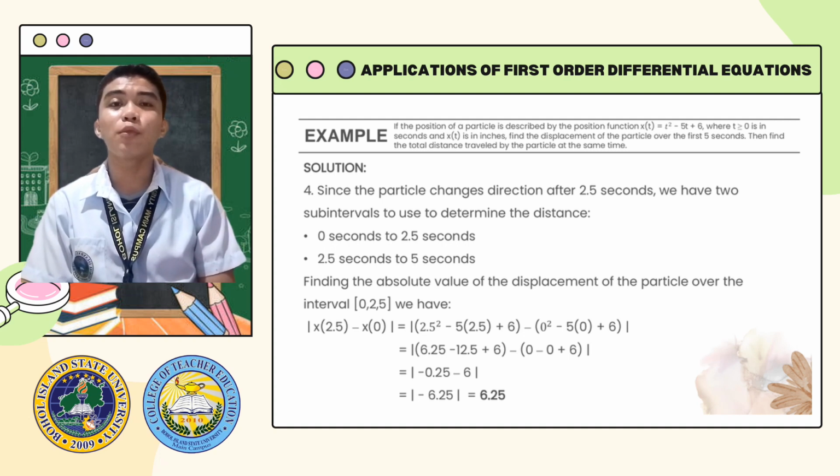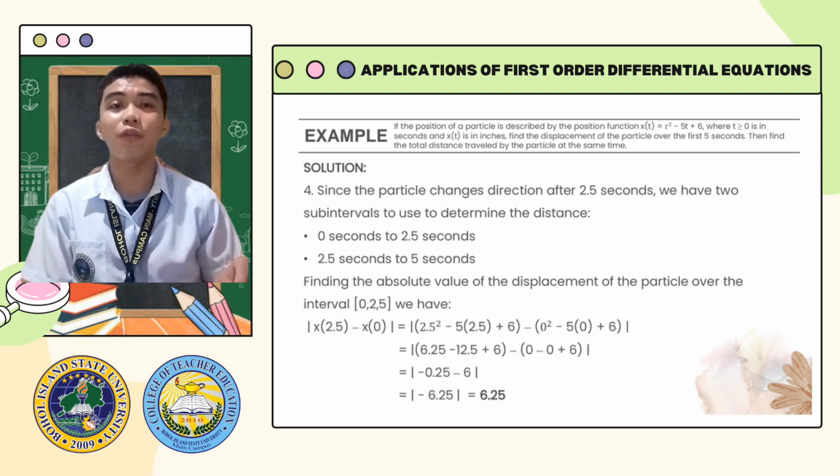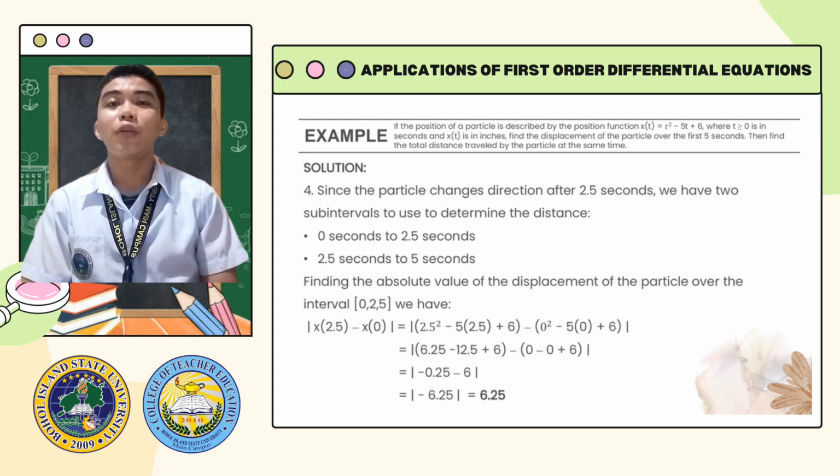We get the absolute value of negative 0.25 minus 6. So subtract, and we get the absolute value of negative 6.25. Therefore, the absolute value of x(2.5) minus x(0) equals 6.25. And this is the displacement of the particle over the interval of 0 seconds to 2.5 seconds.